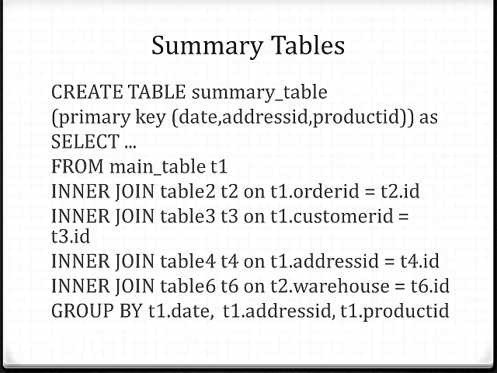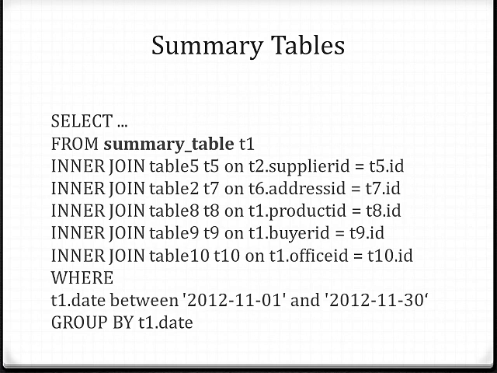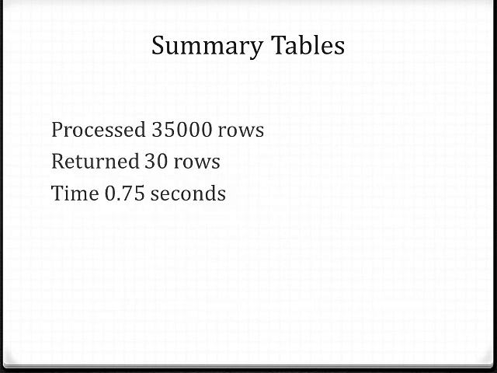Then when we go back to the original query, we use the summary table, and ideally this should join only descriptive tables, not big tables, but it depends on what you can do. From the date, same group by, but now we're processing 35,000 rows. It still gives you back 30 rows, and it takes 0.75 seconds.